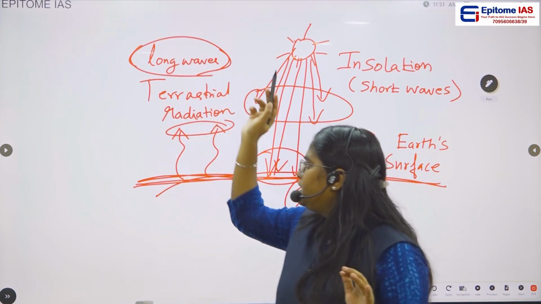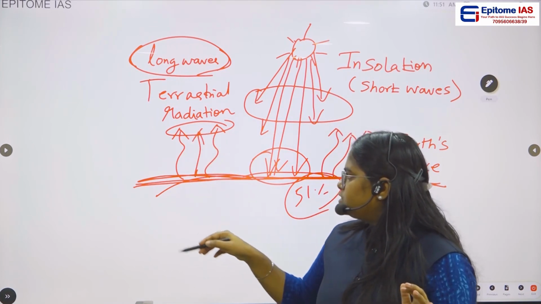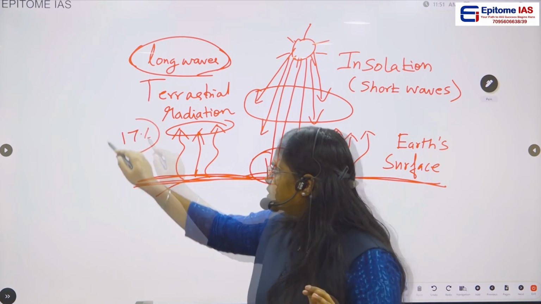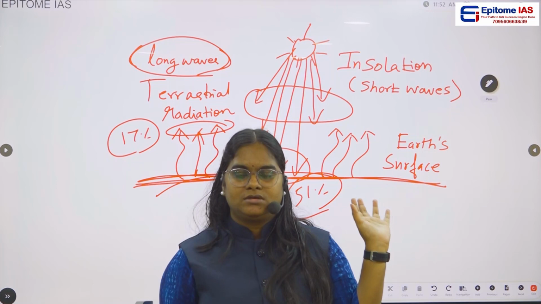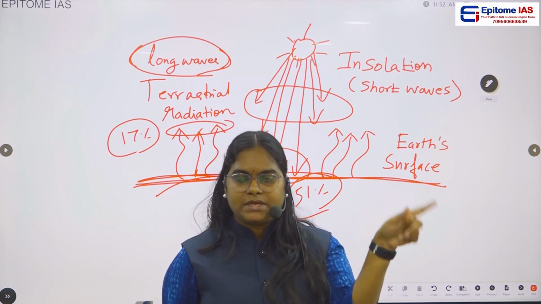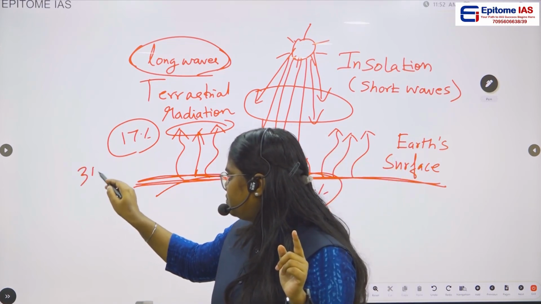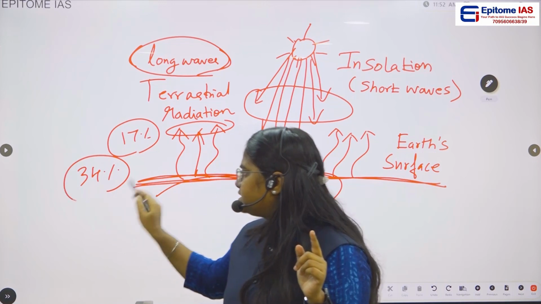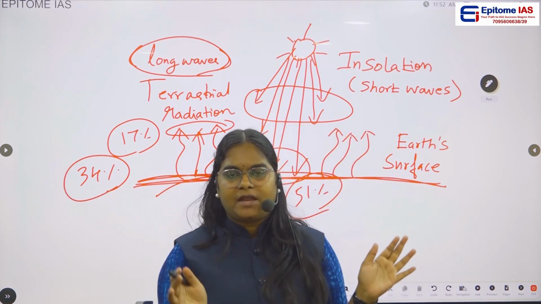Okay, and of this terrestrial radiation, only 17 percent will escape the Earth's atmosphere and reach space. The remaining 34 percent of the terrestrial radiation is directly absorbed by the atmosphere.